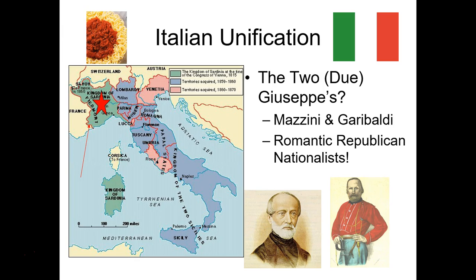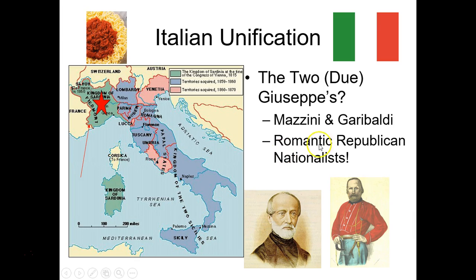Was a revolutionary, was heavily involved in the revolutions of 1848, found himself banned from various city-states throughout the course of his career. But he's really the one that gets that seed planted, especially in these northern areas, but his influence will be found all the way up and down that boot.